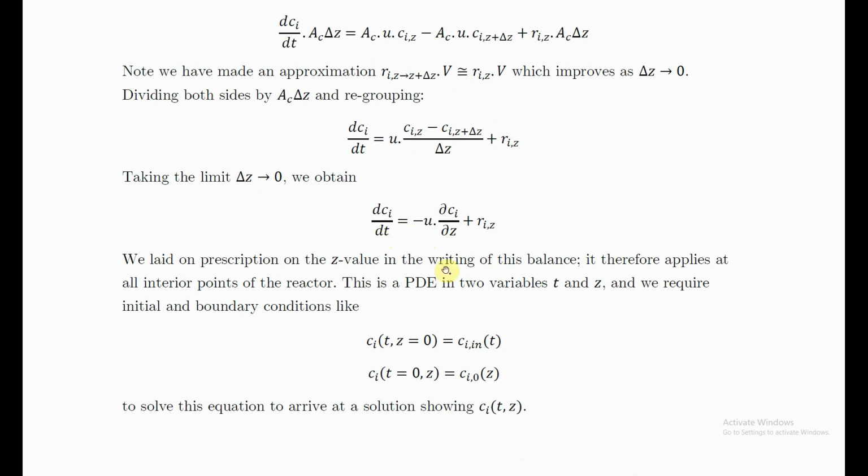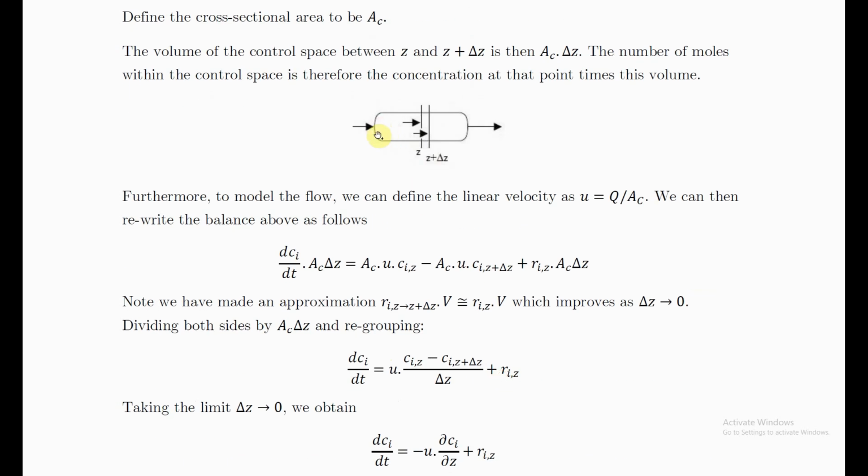Now, of course, this being a PDE, we can see there are 2 independent variables here. So we need our boundary conditions to be able to solve this. And we can easily think of the first condition. We can say at position Z equals 0, that means right at the beginning here, we happen to know this concentration.